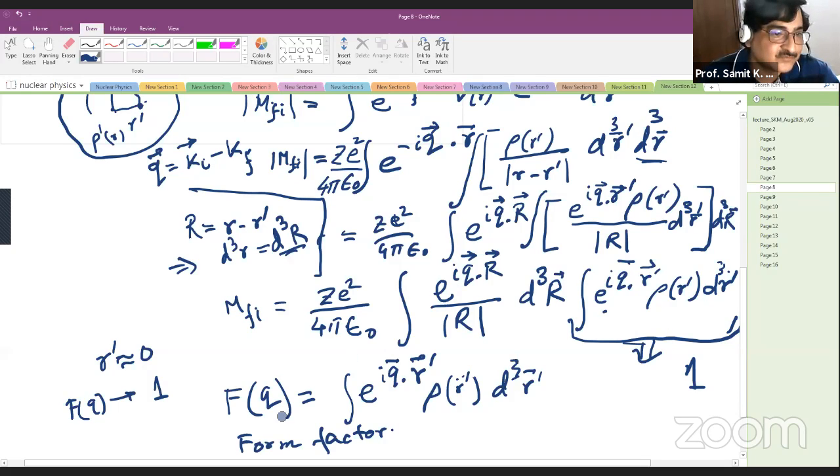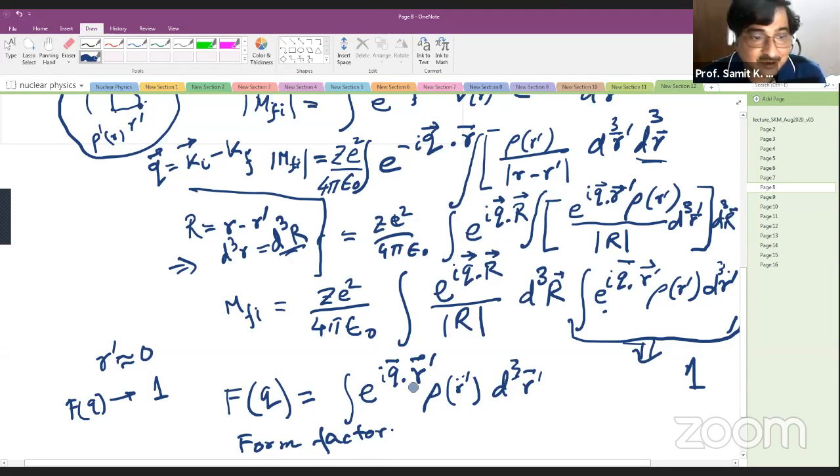And if you take the Fourier transformation, you can easily calculate, because right now you are in the momentum space, since q is the momentum difference between the two momenta. So if you want to calculate the radius, you can take the Fourier transformation of this form factor, and that will give you the radius of your nucleus. So you can understand the importance of this quantity.